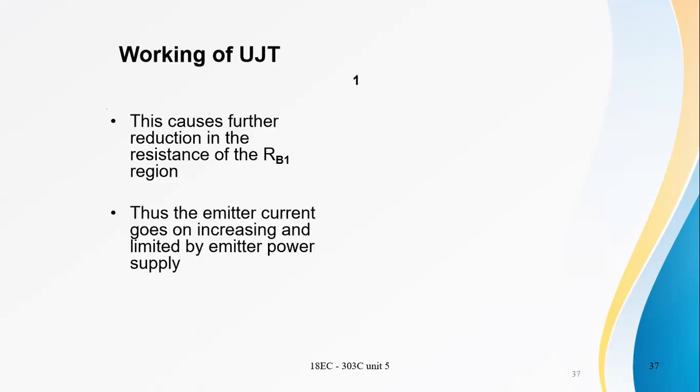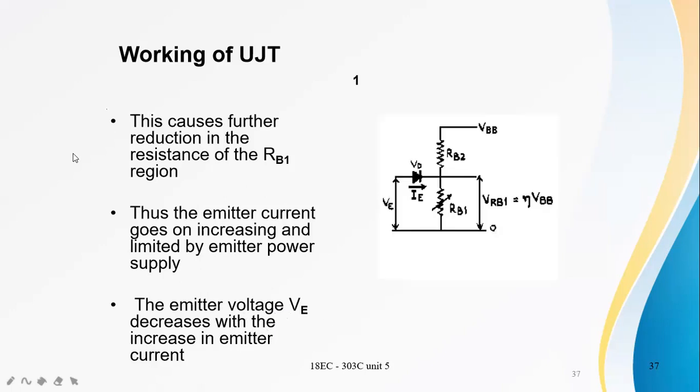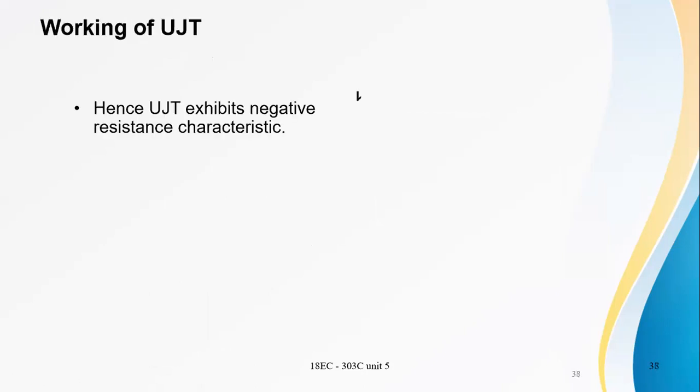This process continues, causing further reduction in the resistance of the RB1 region. Thus, the emitter current goes on increasing, limited by the emitter power supply. The emitter voltage VE decreases with the increase in emitter current. Hence, the UJT exhibits negative resistance characteristics.